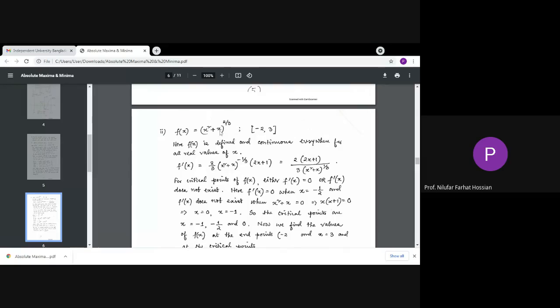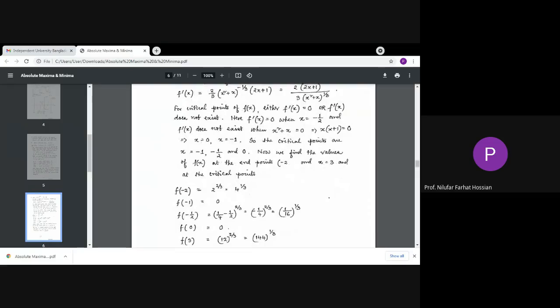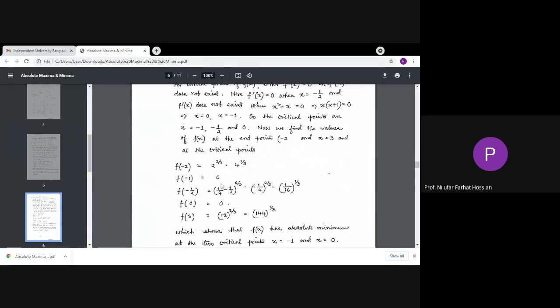So for x equal to minus 2, it will be 4 minus 2 means 2, so 2 to the power 2 by 3. When x equal to minus 1, it will be 0, because 1 minus 1 is 0. When x equal to minus half, 1 by 4 minus half equal to minus 1 over 4, to the power 2 by 3. So if you take the power 2 at first, it will be 1 over 16. So it becomes 1 over 16 to the power 1/3.